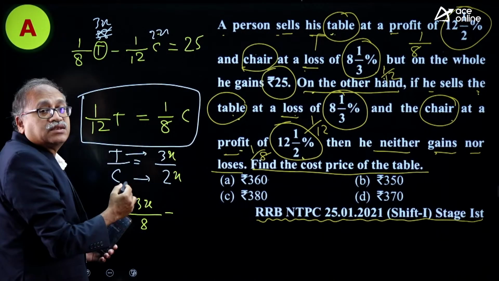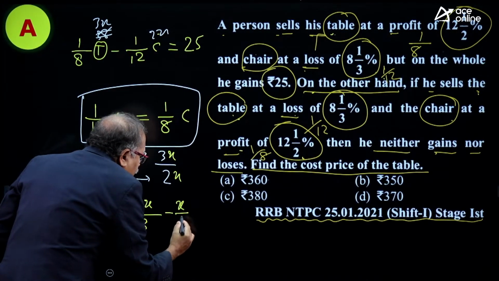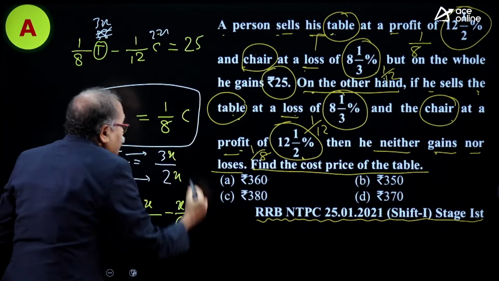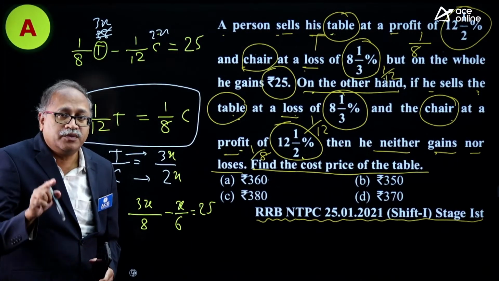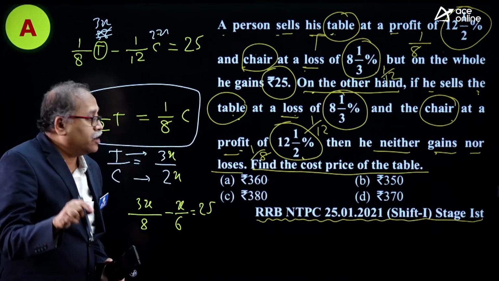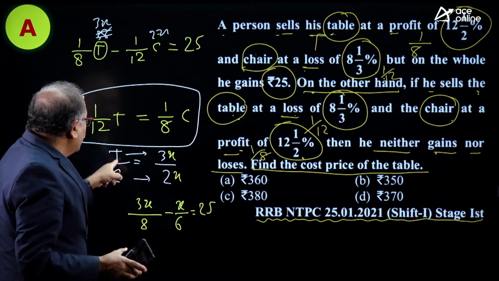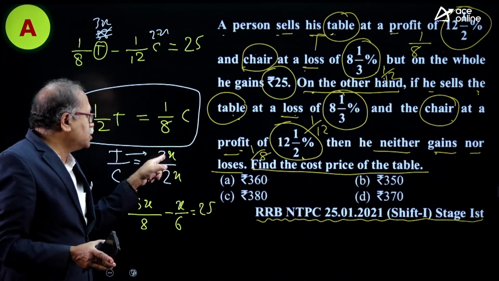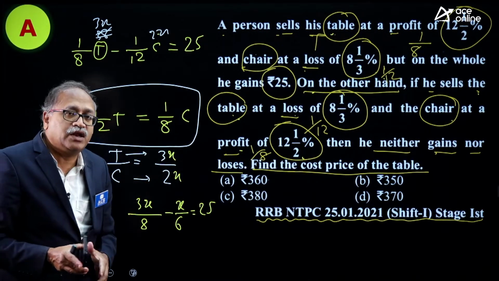With 2, this gets cancelled, so 6, x/6, which is equal to 25. By solving this equation, Deepak has got the x value, and once he got the x value, he got the table cost. So he replaced the table cost 3x where the x value is placed.